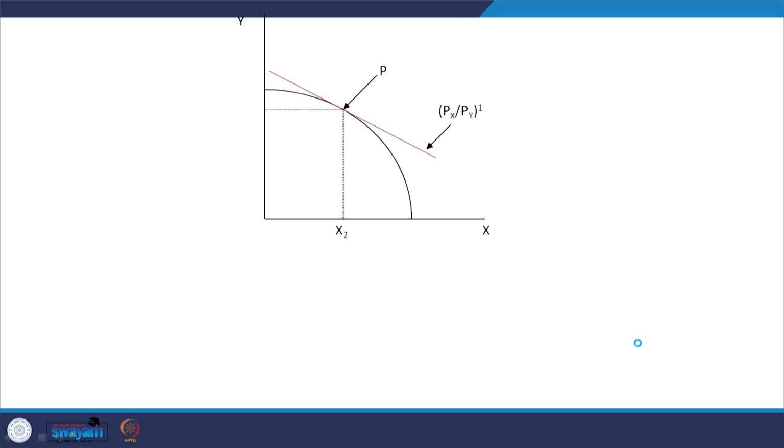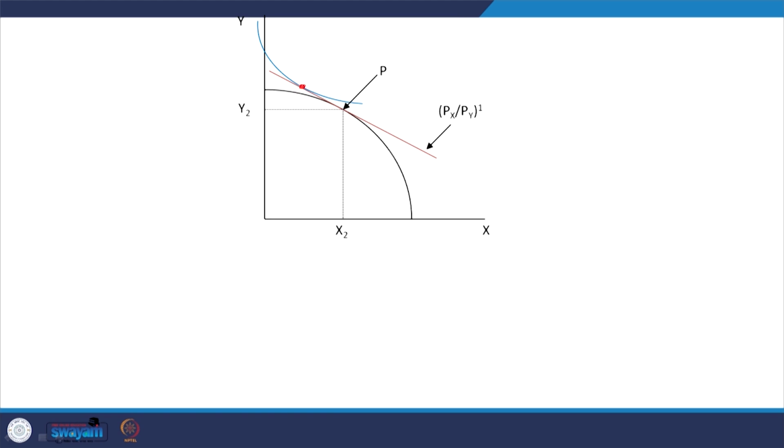This is before trade, and this is also called the autarky equilibrium, which we already discussed. It is responsible for a particular equilibrium situation by which the country is able to produce a certain variety of commodities x and y. Now, if we have a different map of indifference curves, that means a different structure of our consumption basket, we land up somewhere here.